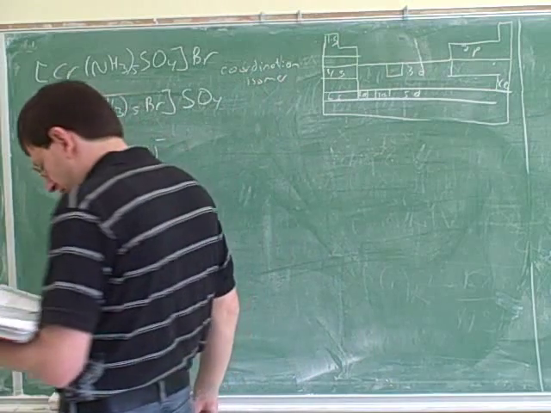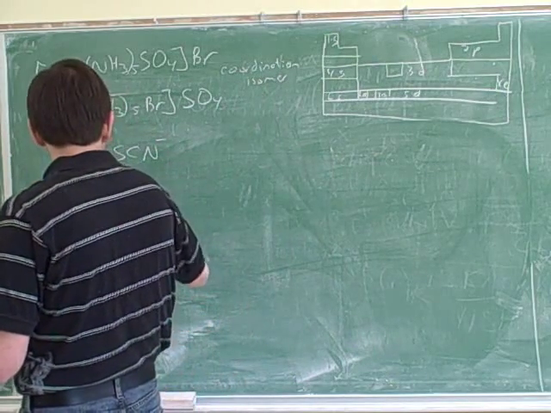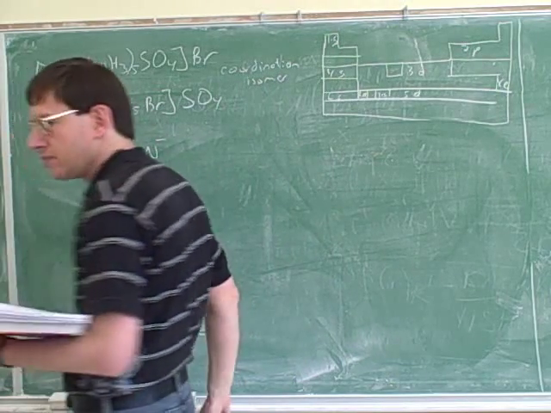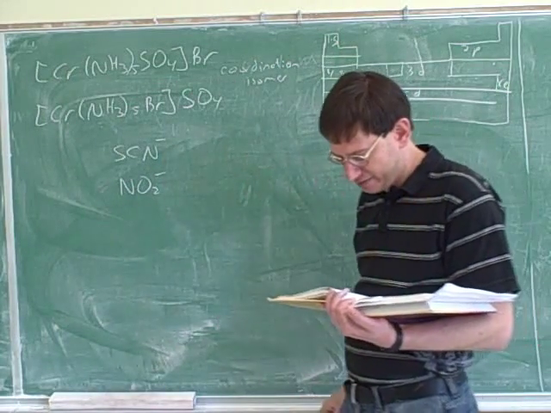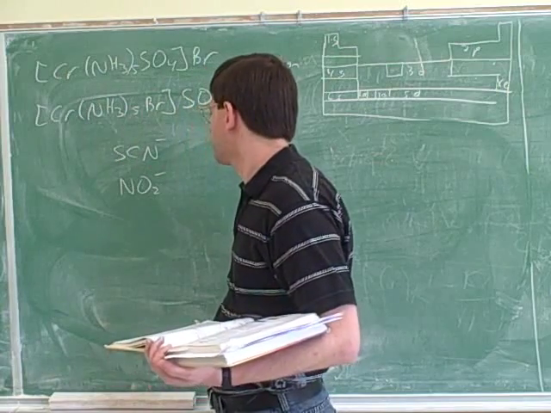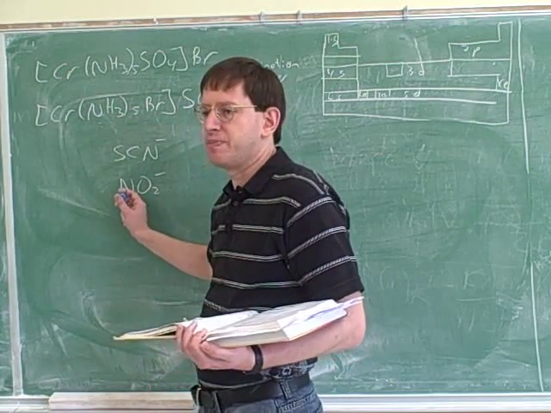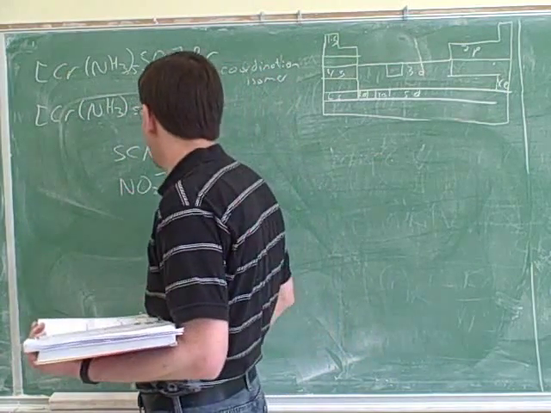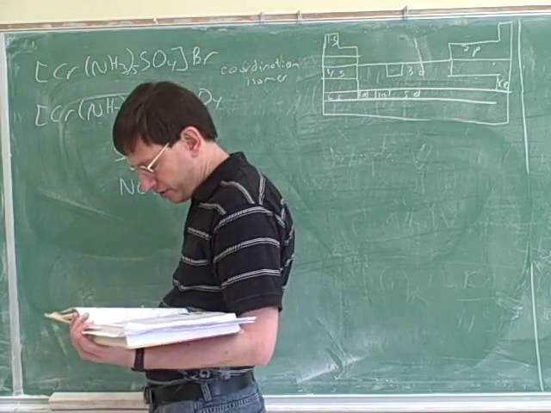And the other example they gave, and I saw this in the homework, was NO2-, which is a nitrite anion. Well, it seems most natural to think of the nitrogen as being connected, but sometimes it's the oxygen that's connected to the transition metal.